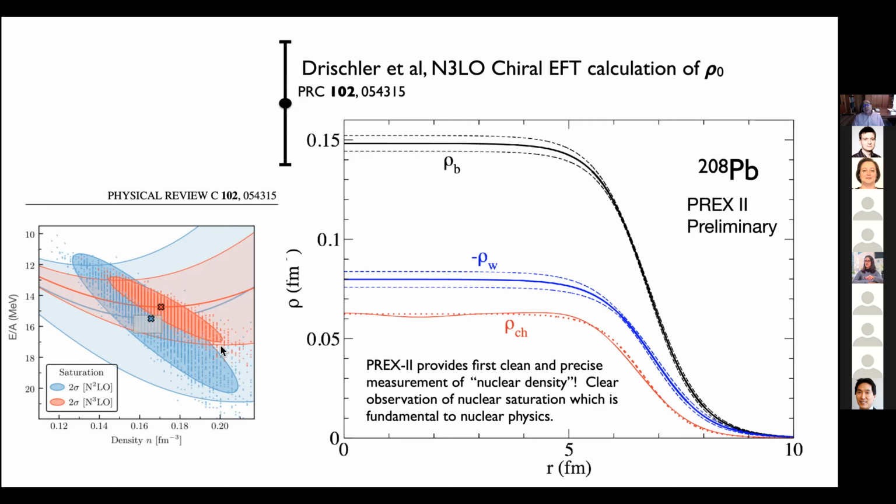So that's this black point here. So in the future, it would be great to have ab initio or microscopic chiral effective field theory calculations directly of the interior baryon density in lead.